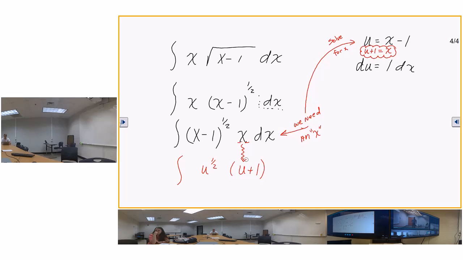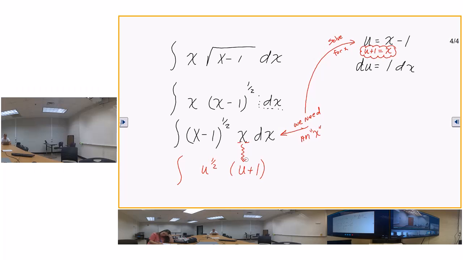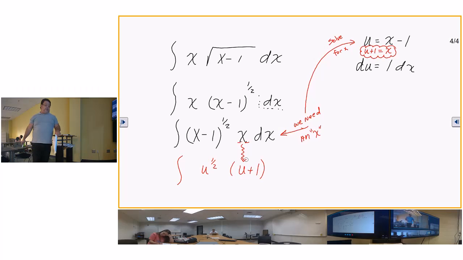Now, distribute that u to the 1/2. Now it's algebra. And I forgot my du too. That's du. Forgot that.